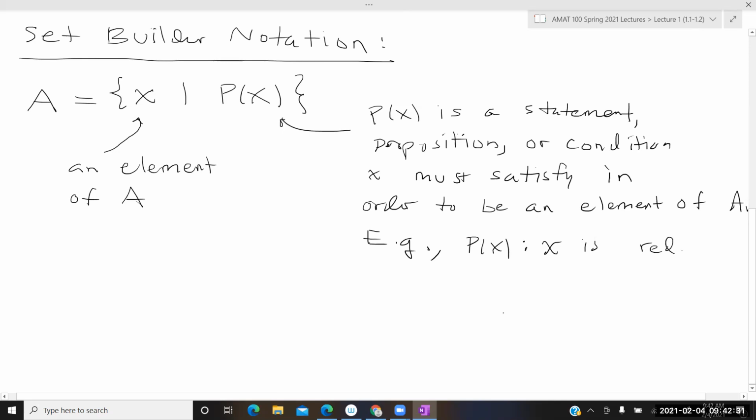So it's this proposition, and then you look at all the things in reality and you say, okay, is this red? It satisfies this condition, so you put it in the set.